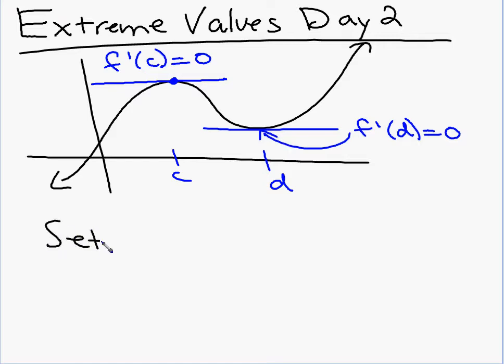Set f prime of x equal to 0. I'm looking for where the derivative is equal to 0, because at those points the slope of the tangent line is going to be 0, and there is going to be the possibility of an extrema. I'm not going to say there always will be. All right? So let's write down a theorem.